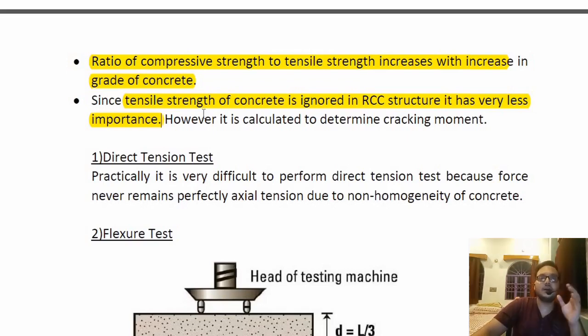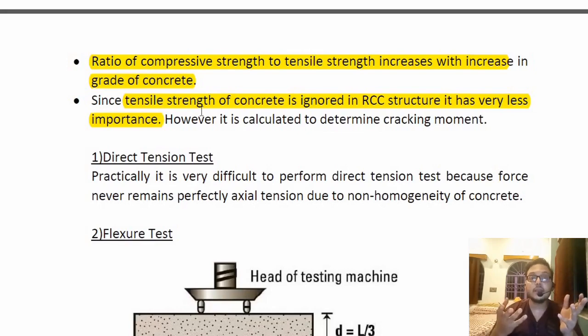So we don't consider the tensile strength. Why should we consider it if the concrete is not able to provide sufficient tensile strength, as much as it is good in compressive strength? Steel reinforcement can actually provide better tensile strength as compared to concrete.